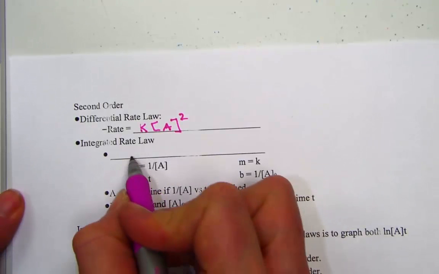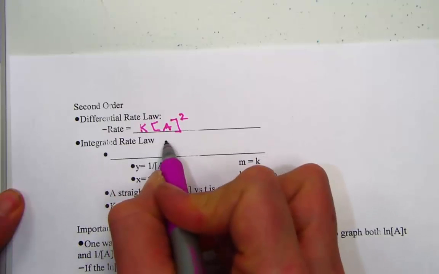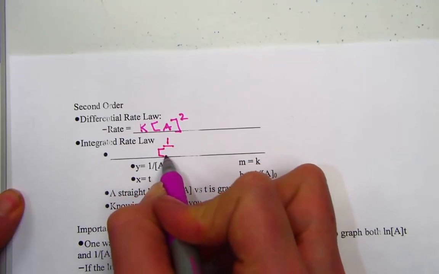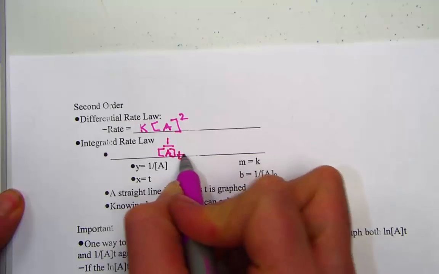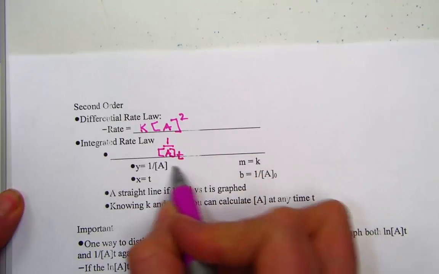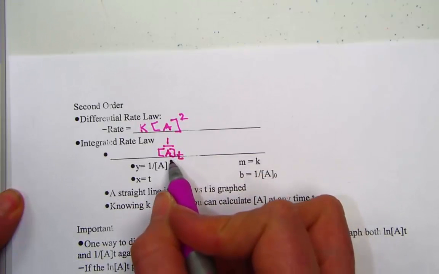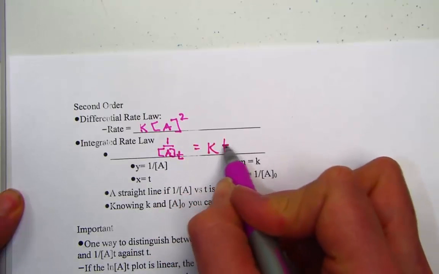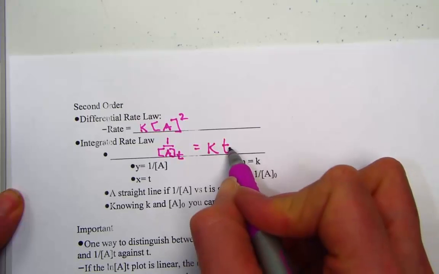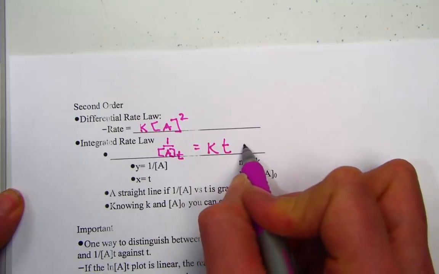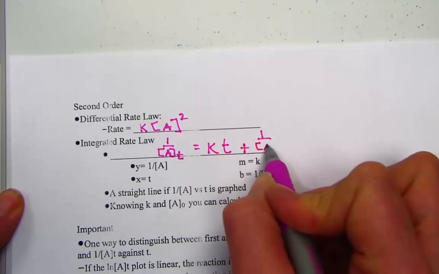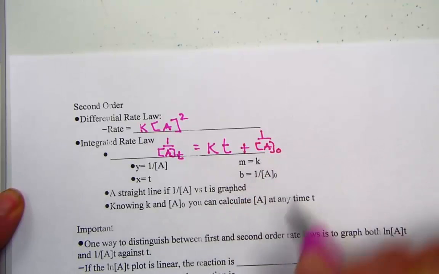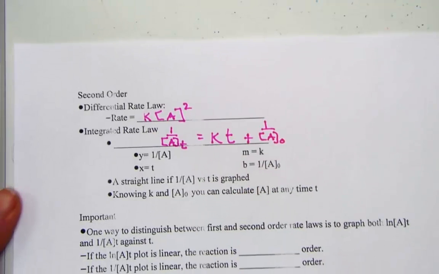When we integrate that rate law, we show 1 over the concentration of A after a certain amount of time has gone by. This shows me how much concentration of A is left after time went by, set equal to k, the rate constant, times t, the time that went by, plus 1 over the concentration of the original amount, A at time 0.